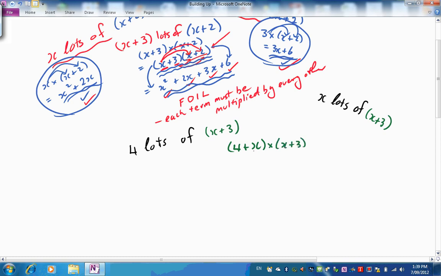Well, we usually write this the other way round. Put the x first, x plus 4 lots of x plus 3, leaving out the multiplication. So we're going to this, if you like, factored or abbreviated form. You do a bit of this later on.